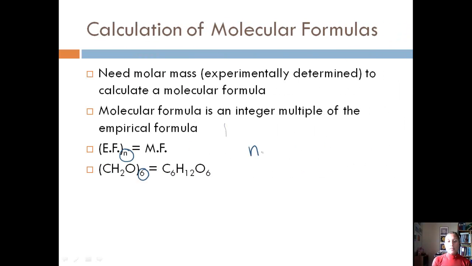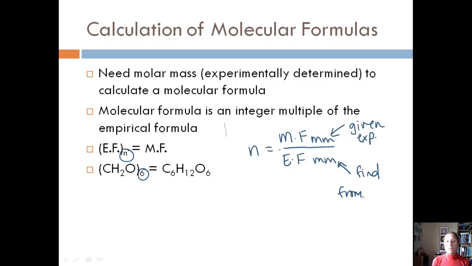That number that relates empirical to molecular formula is equal to the ratio between molecular formula and empirical formula molar masses. We said that the molecular formula molar mass was given in the problem. It's experimentally determined. And the empirical formula molar mass you have to find from the empirical formula.